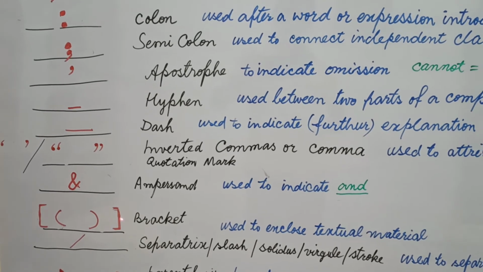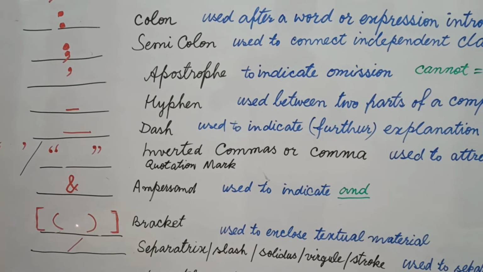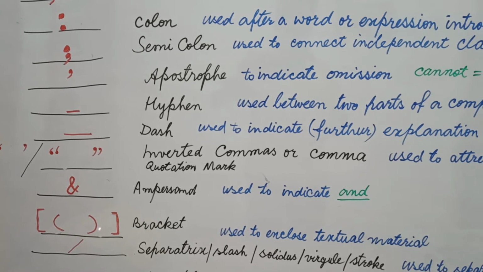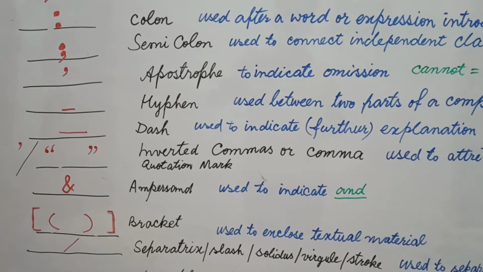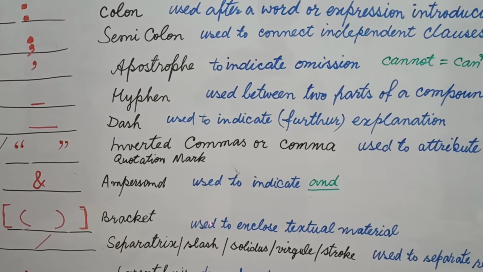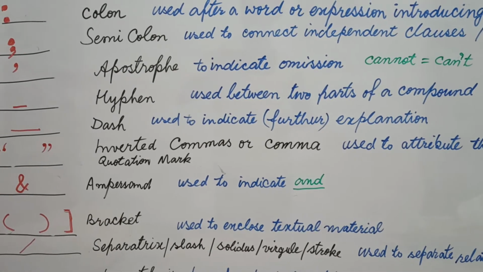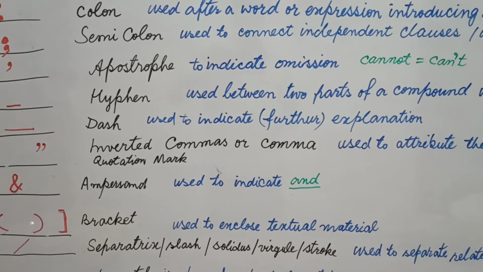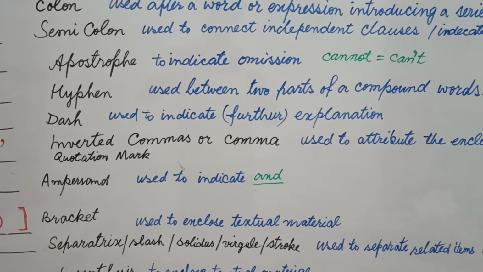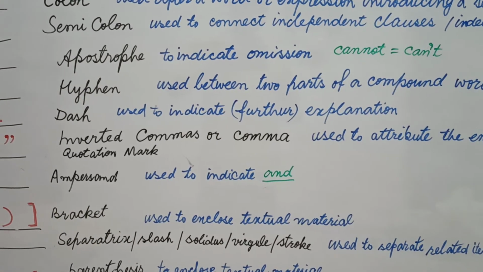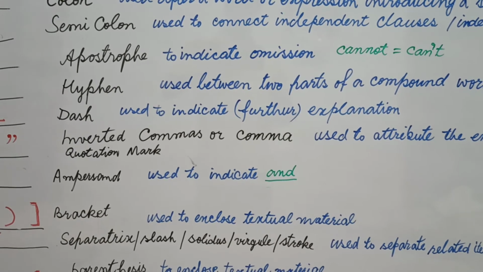Now students, these are called brackets. This is a round bracket and this is a square bracket, and this can be used especially this round bracket, students, is used in mathematics and in some other places. This round bracket is used when we do not want to take that meaning in our sentence but still we write it.